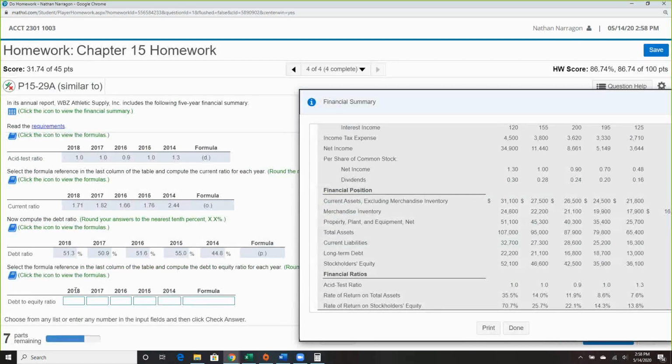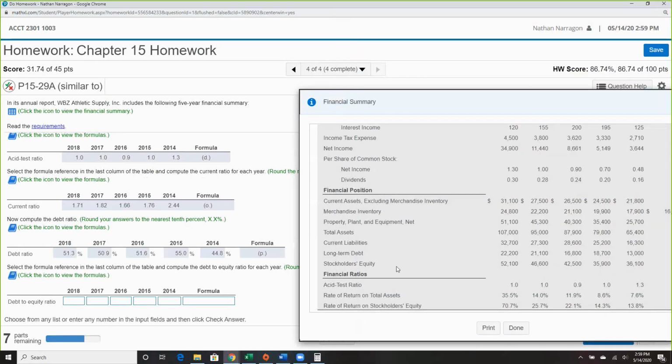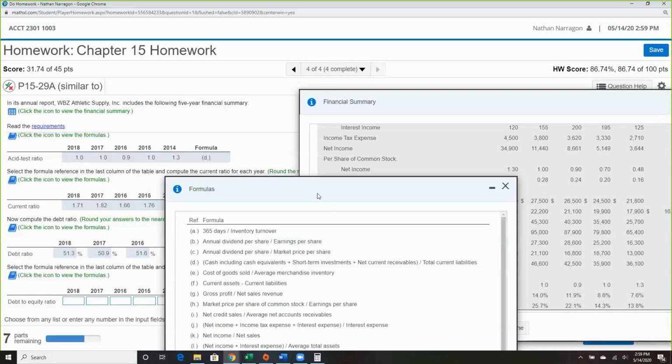Okay. Debt to equity ratio. Okay. Formula is our total liability now divided by total equity. So basically going through everything again. This time instead of dividing by total assets, we do total equity, which of course they've given us anyway. So we're again just running through the numbers real quick.